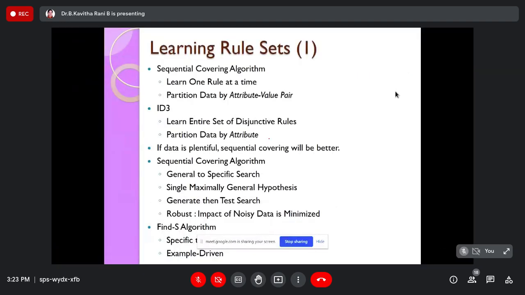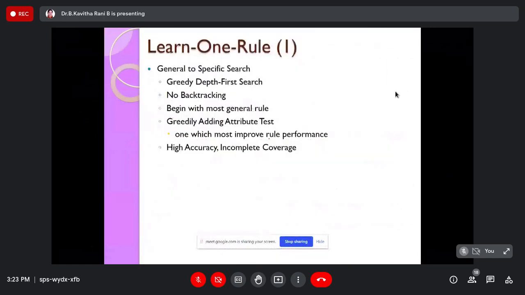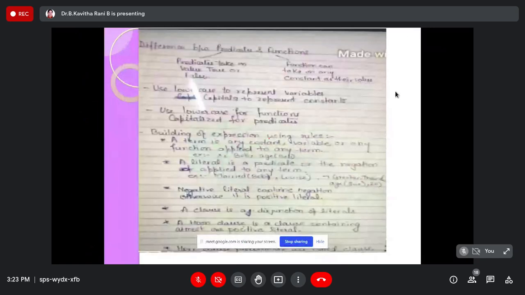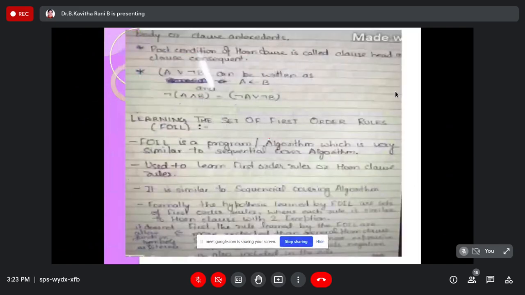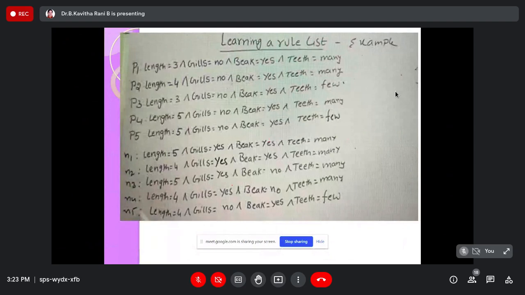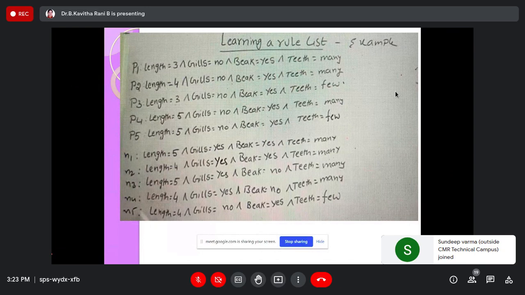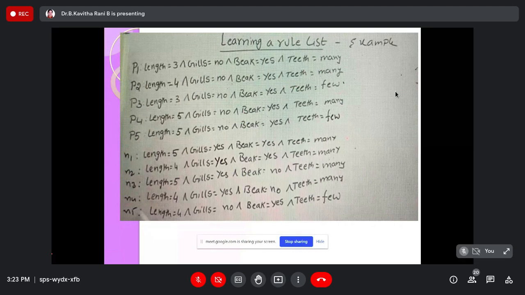I'll show you one example here. See here, this is the data set we are having. We are just learning the rule list here. Now what we are doing here: in this learn one rule algorithm, initially all the instances are considered.